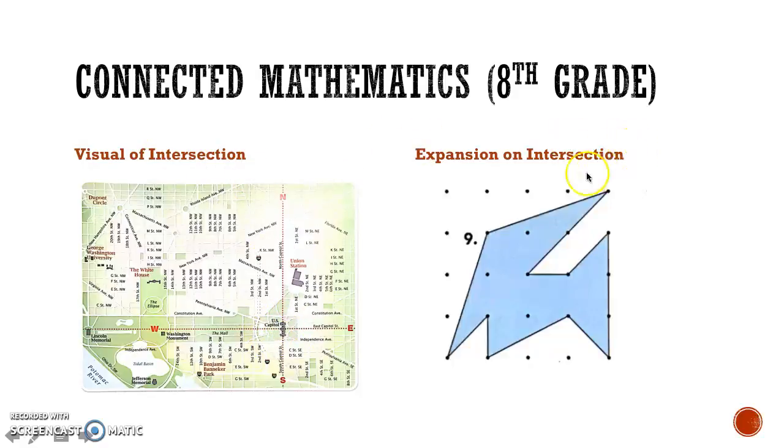And also you can use it in your future classes, because this point right here is called a vertex. That's similar to intersection because they obviously intersect each other. It's just the point where they meet instead of the point where they go through each other. Very similar though.